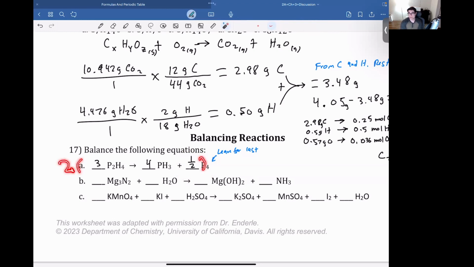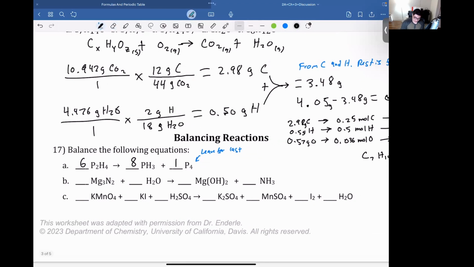If you multiply both sides of the equation by 2, you get the same thing. So if I multiply everything by 2, then the fraction goes away, and it's still balanced. Done. So that is the easiest way to do it. Leave your elemental things for last, use a fraction if you need to, and then multiply both sides to get rid of the fraction if you had to use one.